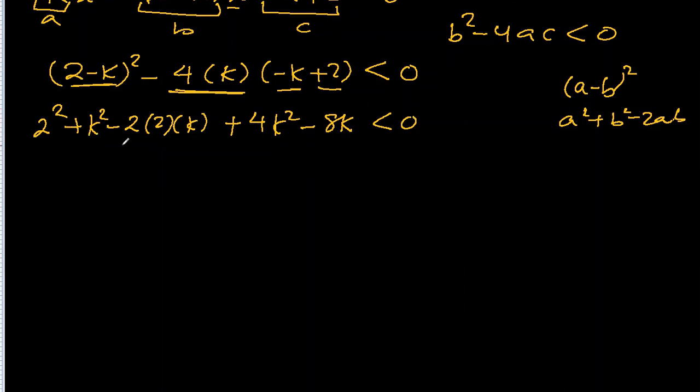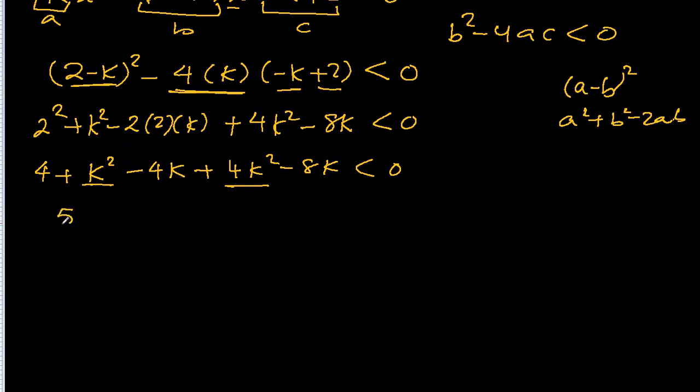Okay, let's simplify this also. So 4 plus k square minus 4k plus 4k square minus 8k less than 0. k square and 4k square becomes 5k square, minus 4k minus 8k is minus 12k, and then we are left with the constant part, which is 4, less than 0.